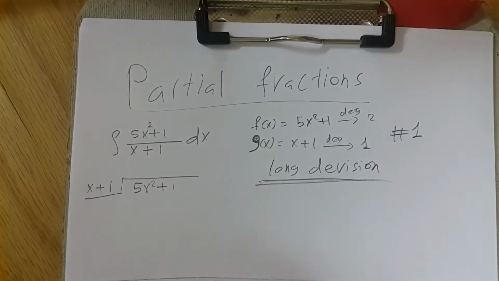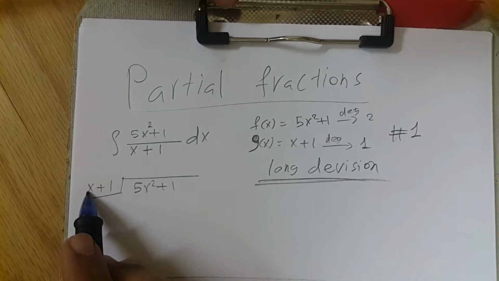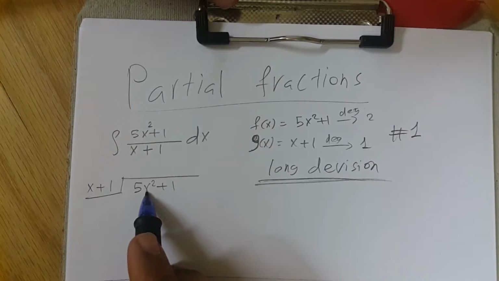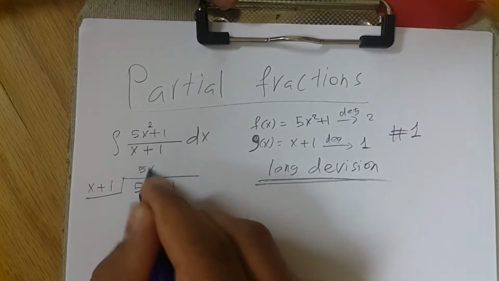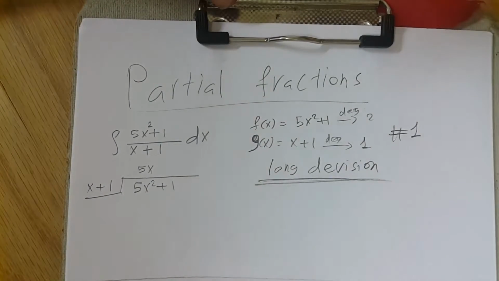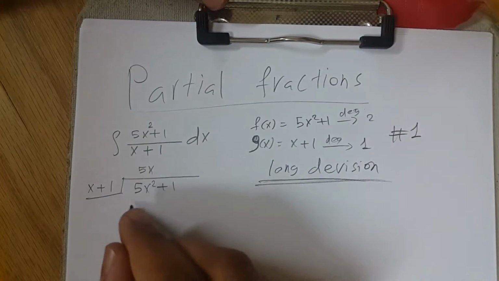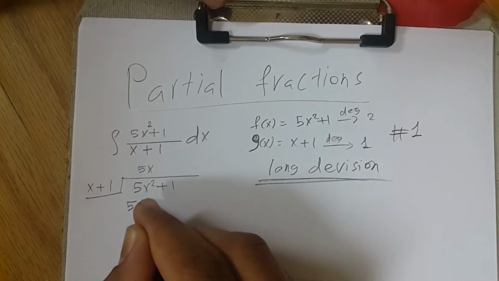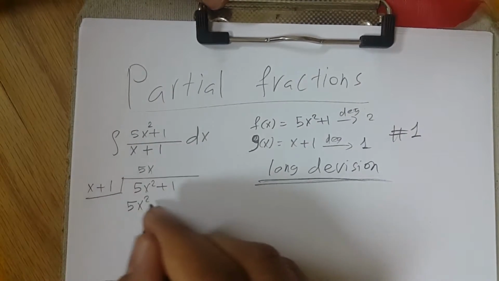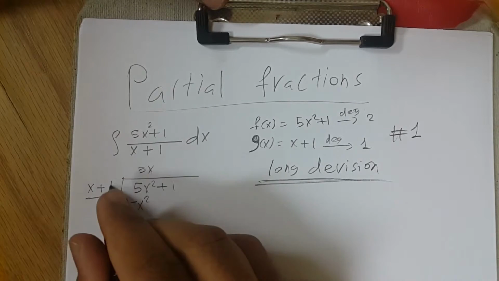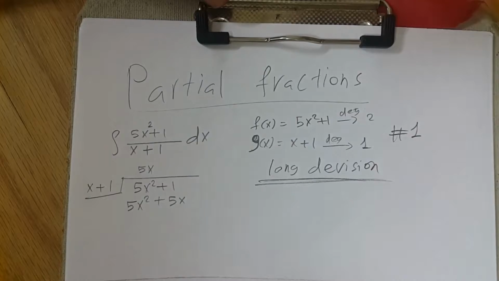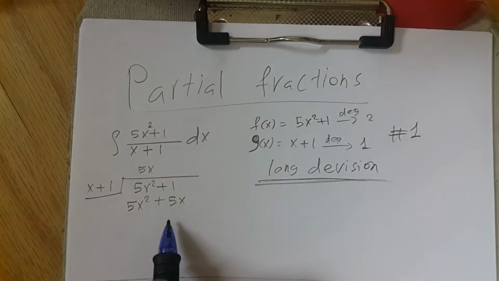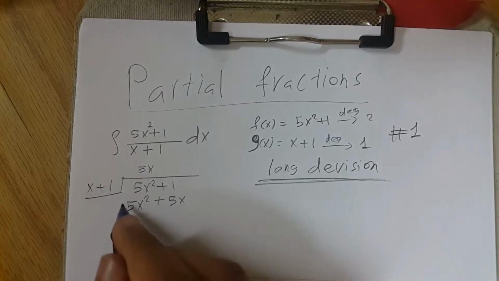What do you need to multiply x by to get 5x squared? You need 5x. You will get 5x squared plus 5x.